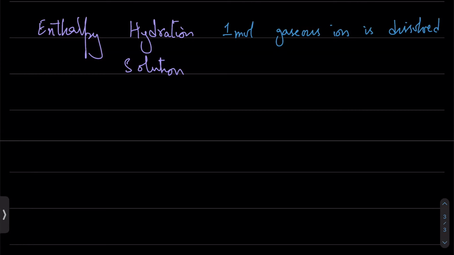When you say excess water, you're basically saying that the solution is dilute, and it became very dilute and formed individual ions, dissolved in every way. So if a calcium ion is in the gaseous state and it becomes an aqueous calcium ion, the delta H of this is the enthalpy change of hydration.